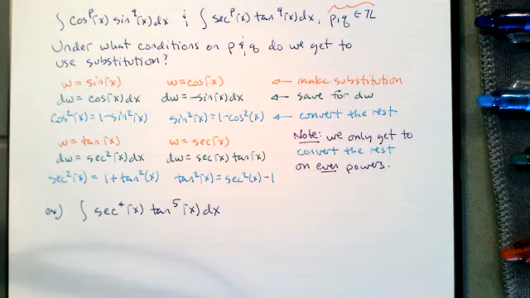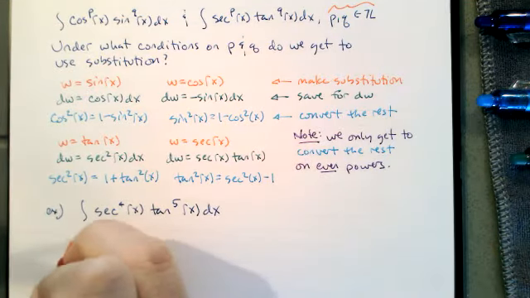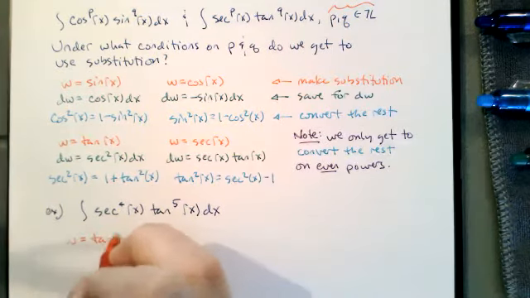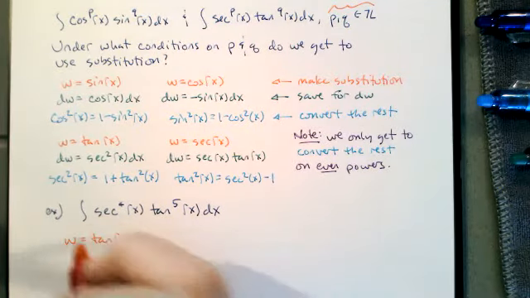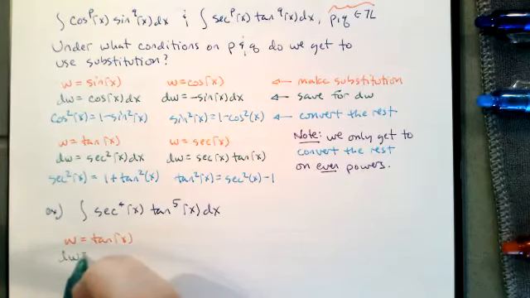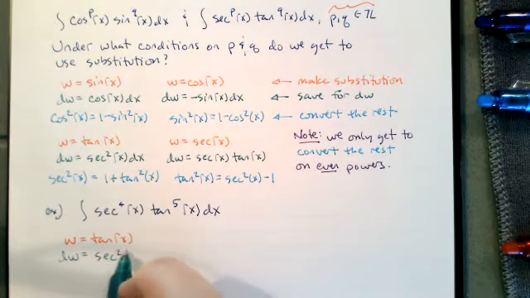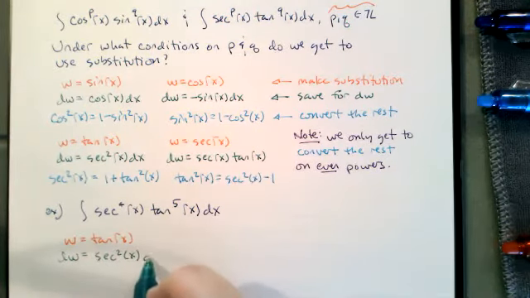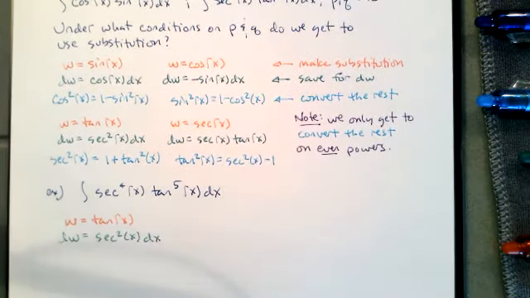So it was the even number of secants that allows us to substitute W equals tangent. So this substitution works because the dW is secant squared, and there are two secants left over that we can convert.